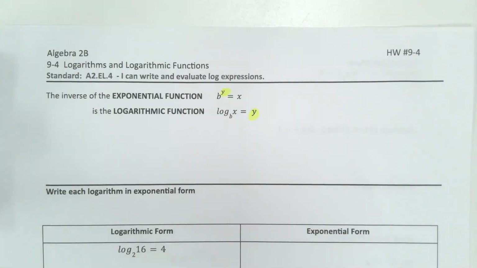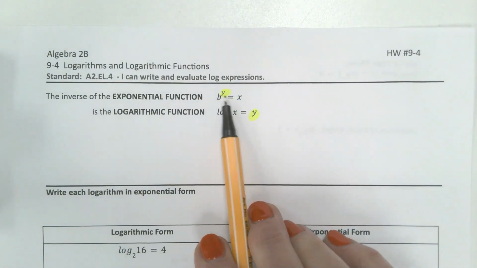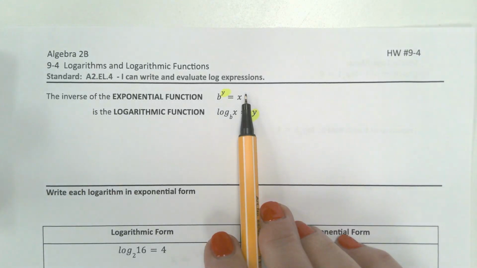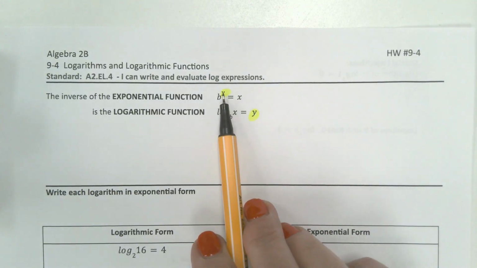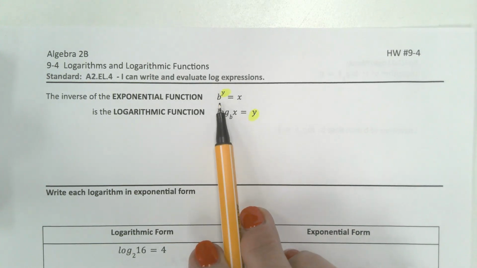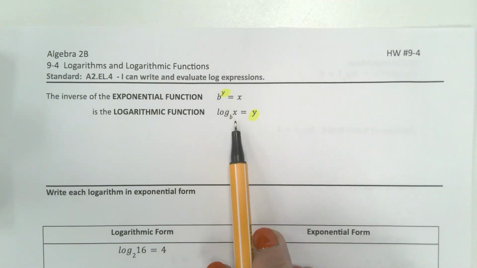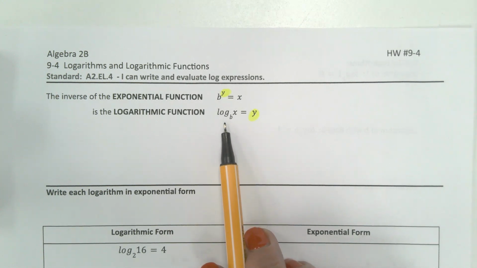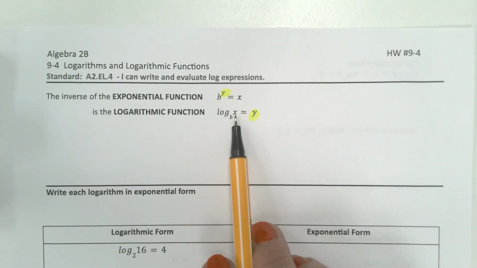hang of it. So when we do this, b to the y equals x, but in the log form, your y comes around here and it becomes the answer. This b is always the base, and if you remember what we did yesterday, this is log base b of x equals y.